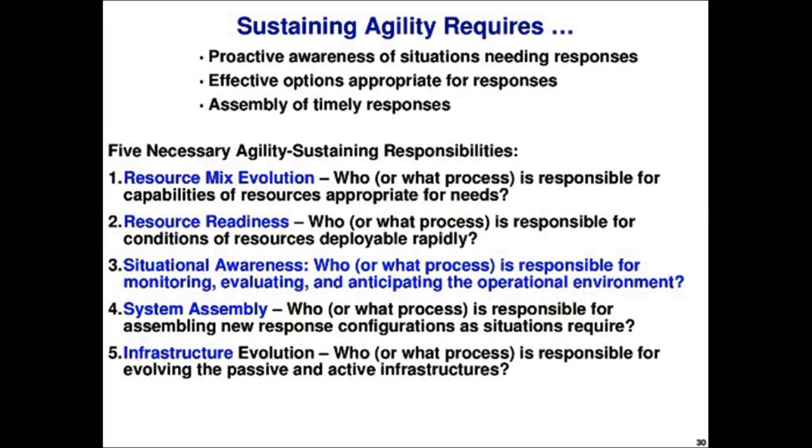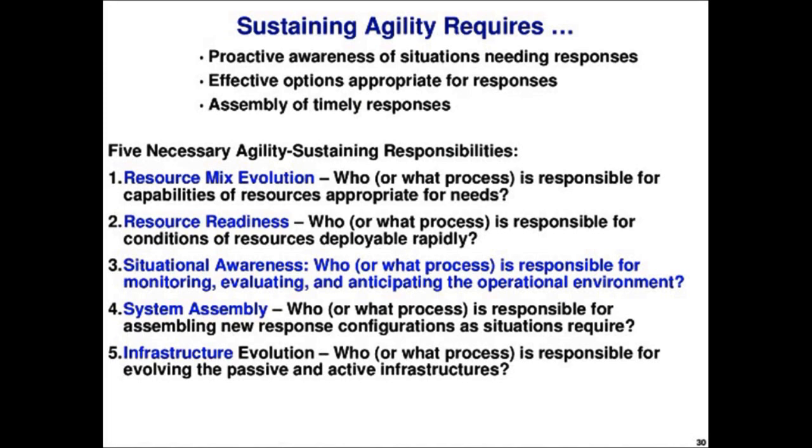Resource mix evolution. Who makes sure that the modules, the resources that are available are in fact the ones that are needed now? Also importantly, is a very separate thing about resources, and that's, are they really ready to use?